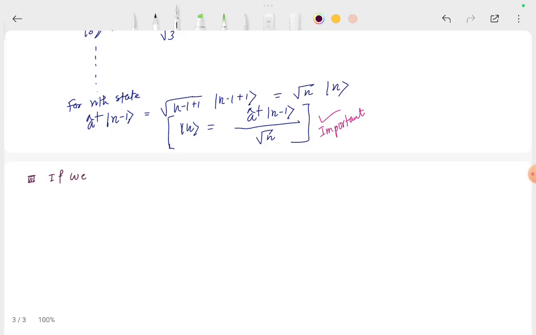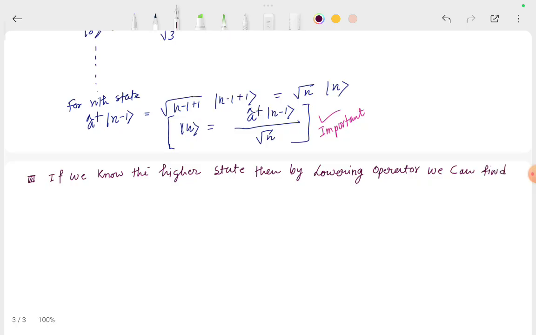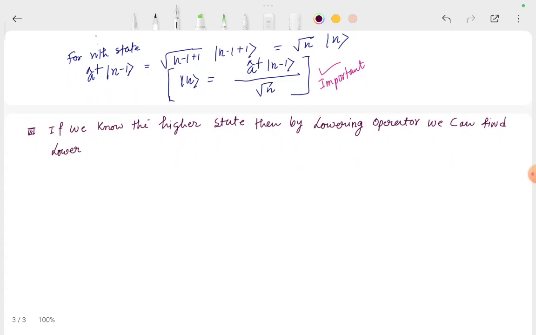If we know the higher state, then by lowering operators we can find the lower state. You can easily find out the lower state.